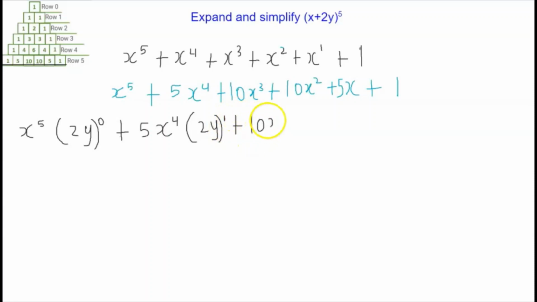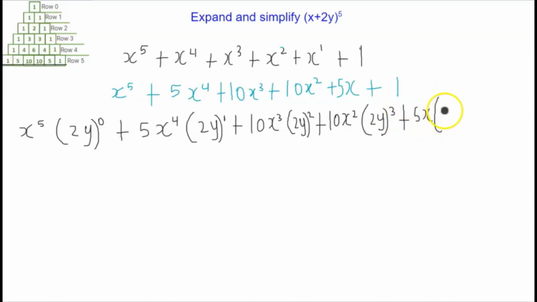So 10x to the 3, 2y to the 2, and then 10x squared, 2y, and obviously we're timesing, so remember we're timesing this, so timesing like that. So yeah, and then 2y to the power of 3. We're going from 2 to 3 now, and then plus 5x, 2y to the power of 4, and then finally plus 2y to the power of 5.